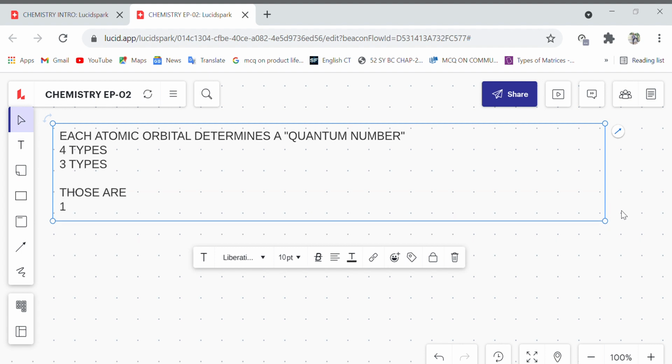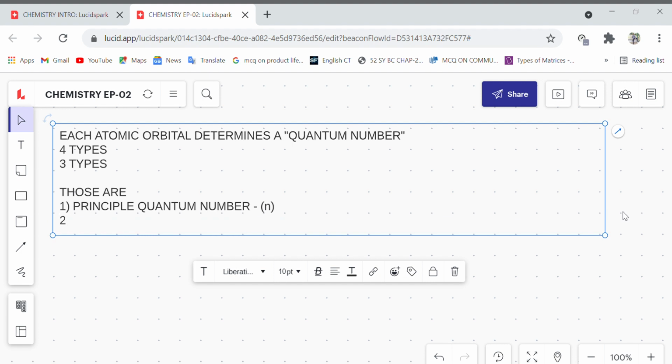The first one is the principal quantum number, which is represented as small n.